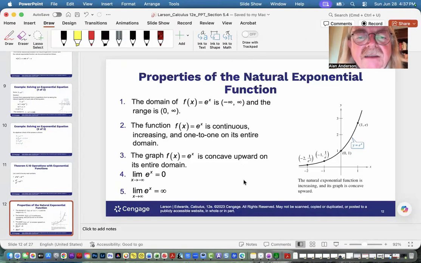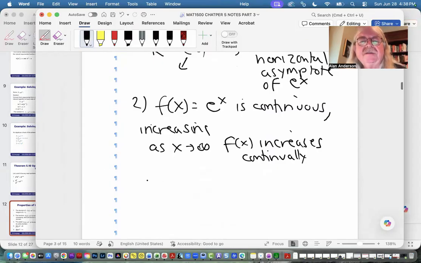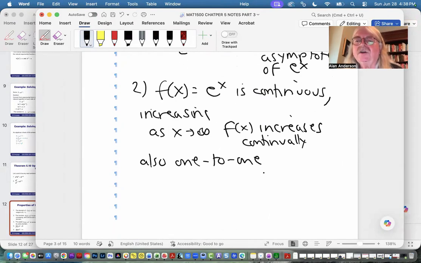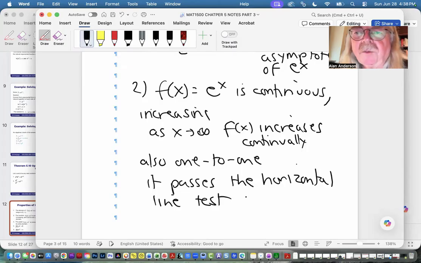And one to one. Now, how do you know just by looking at that graph? You might recall we introduced a while back the horizontal line test, meaning that no matter what horizontal line I draw through it, it'll never cross that curve more than once.